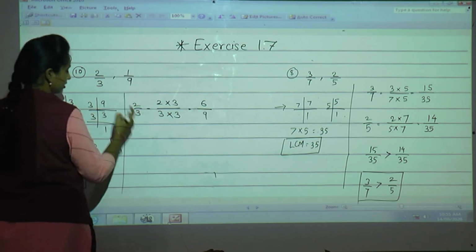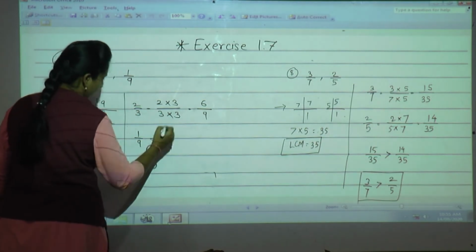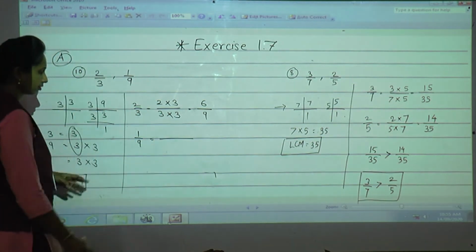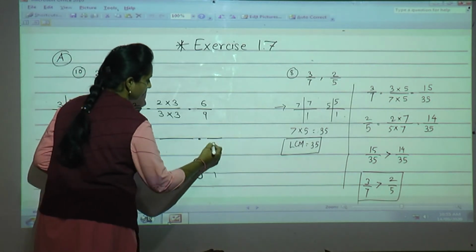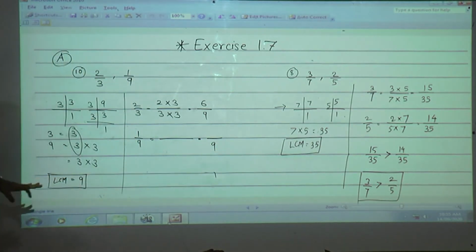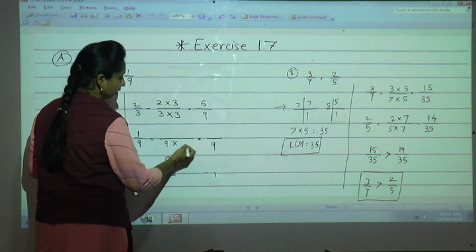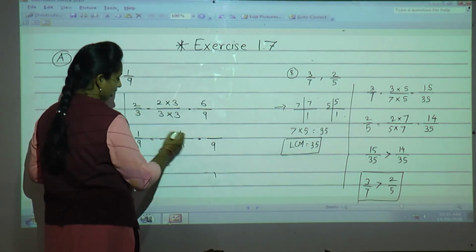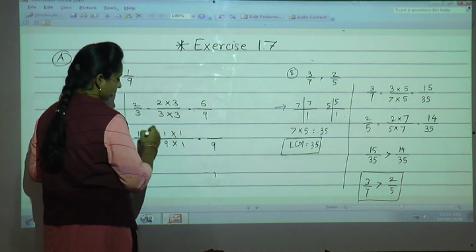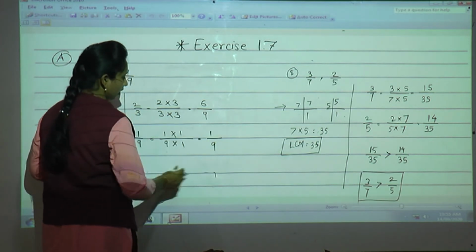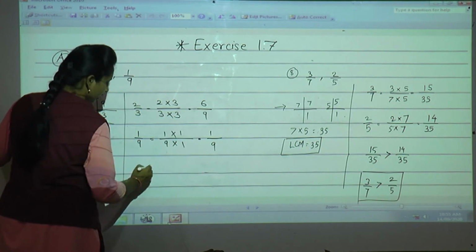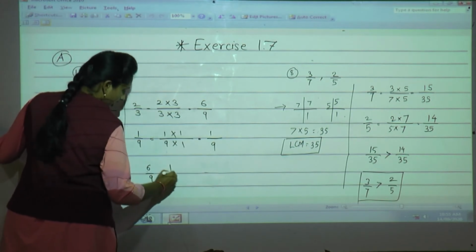Okay. Now the next number 1 upon 9. Now what should come in the denominator place? 9. So here 9 ones are 9. So 1 as it is and 1 as it is. 1 ones are 1. So the fractions are 6 upon 9 and 1 upon 9.